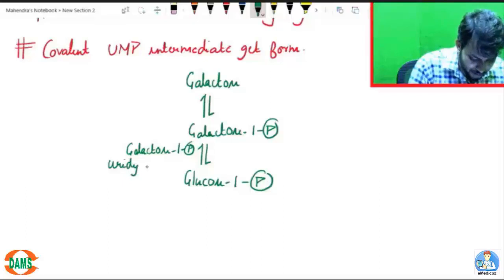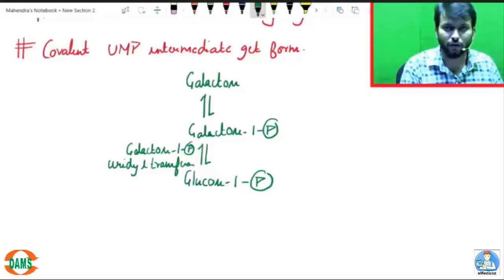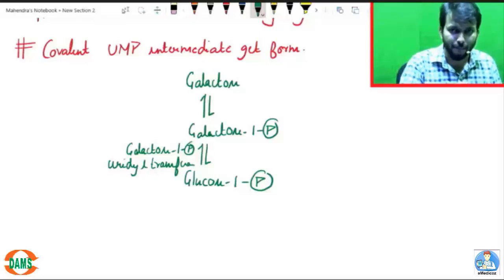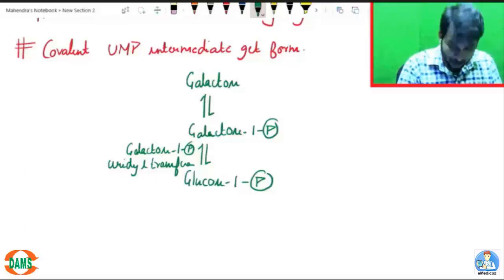As we have discussed, this is an enzyme which has the ability to convert galactose 1 phosphate to glucose 1 phosphate by the uridyl transferase molecule.